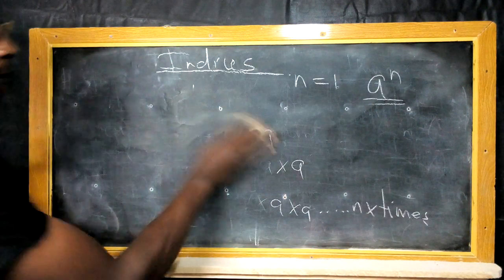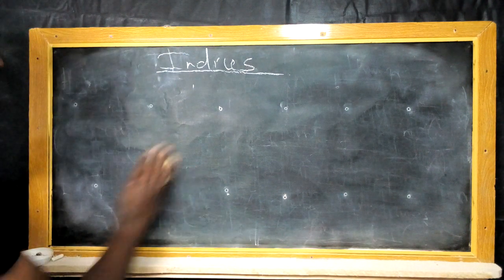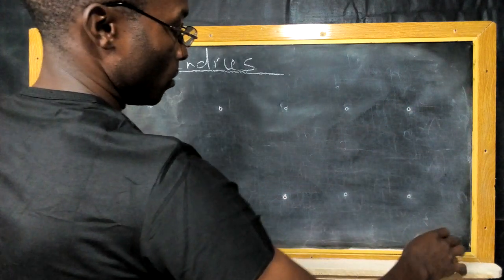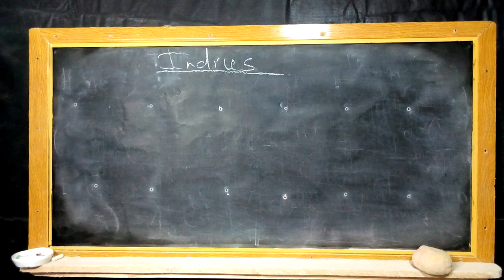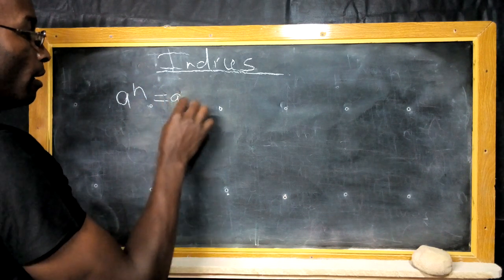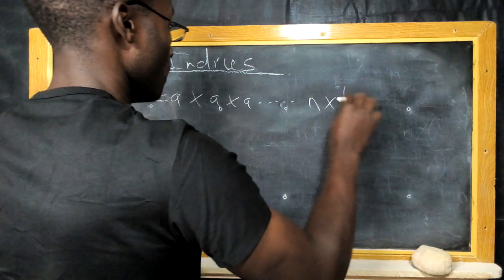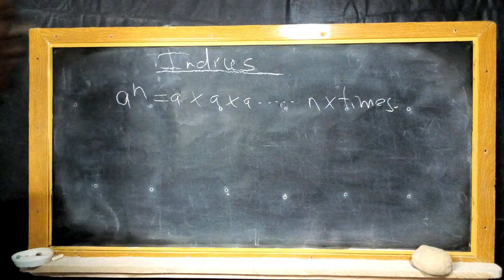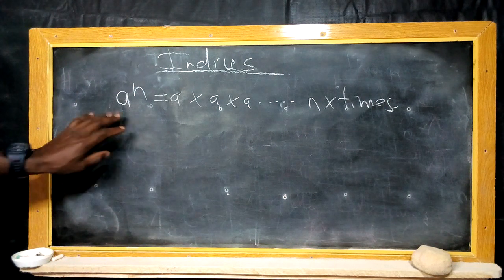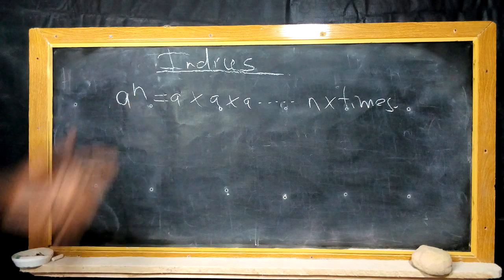And of course, these laws, as we are going to see further, are also going to be applied in the topic that I had mentioned about logarithms, because there's a close relationship between logarithms and indices. As I have said, if the expression is given as a raised to n, that implies a multiplied n times. So that is rule number one. If it is given in this form, then it is a multiplied n times, whereby n is a number.